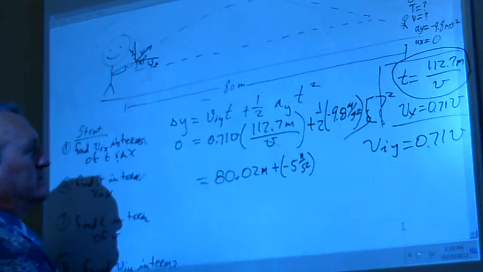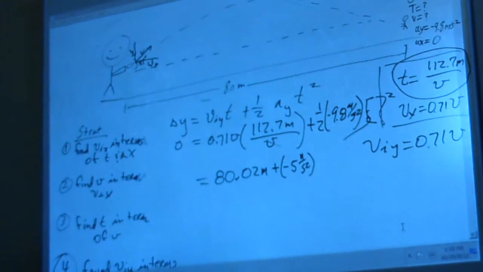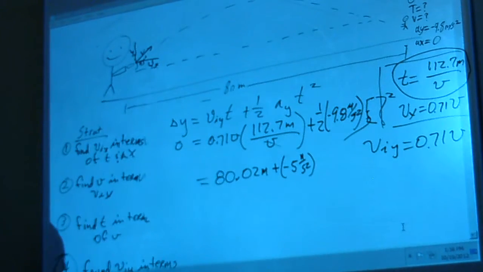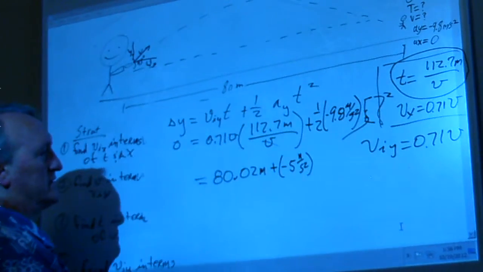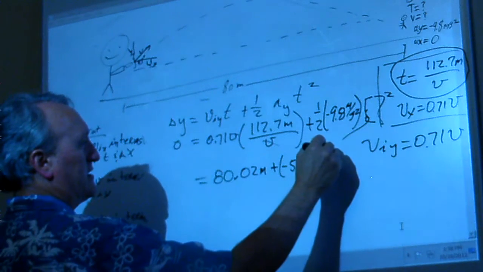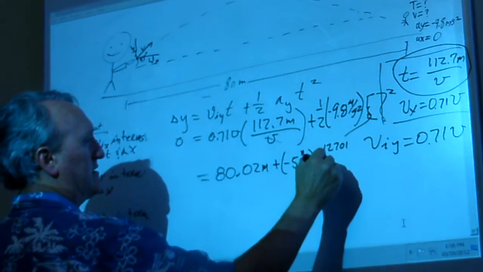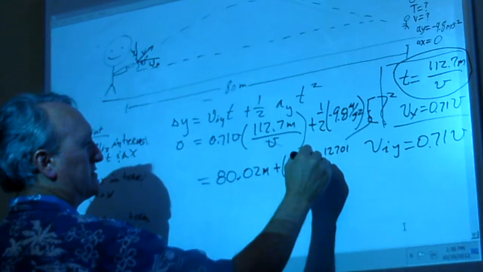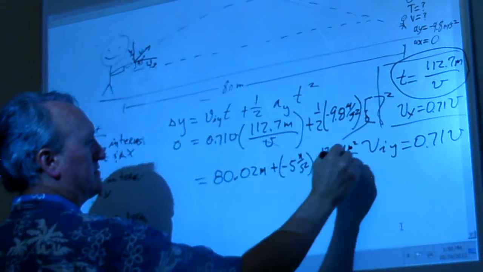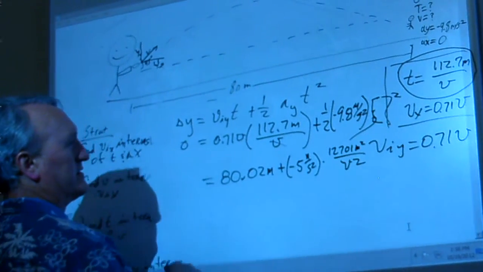And what's 112.7 squared? 12,701.29. That's close enough. Meters squared over V squared, right?